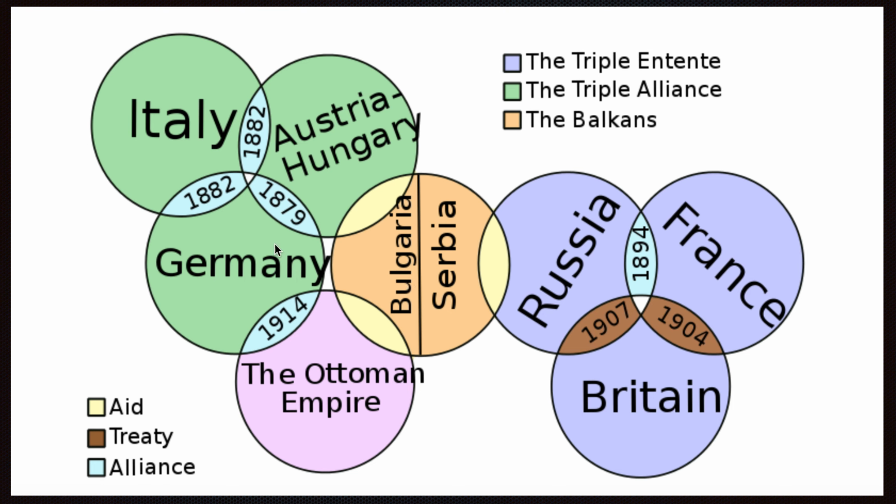And Italy and Germany are going to come to their aid because they have alliances with Italy and Germany. Russia, France, and Britain have an alliance together. Russia has an alliance with Serbia, so they are all going to come to defend Serbia against Austria-Hungary.